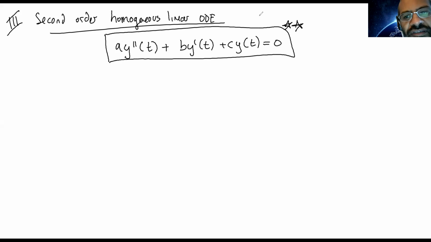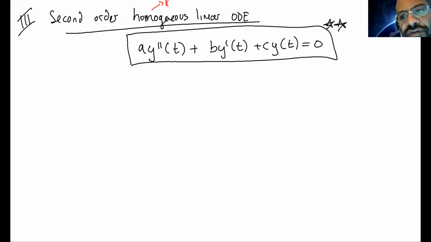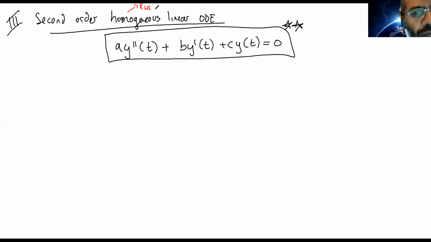The homogeneous actually refers to the 0 on the right-hand side, so there's no other function on the right-hand side. Second order refers to the y double prime. This was the type of equation that appeared in the spring system. And again, you have the same two questions.